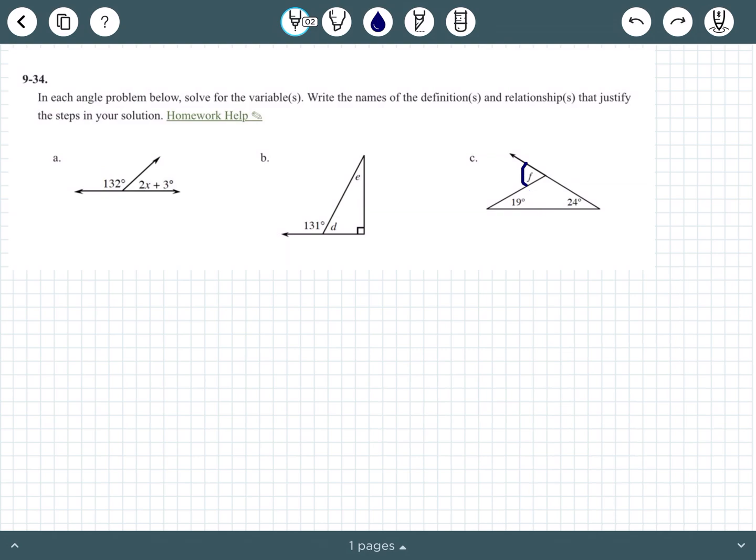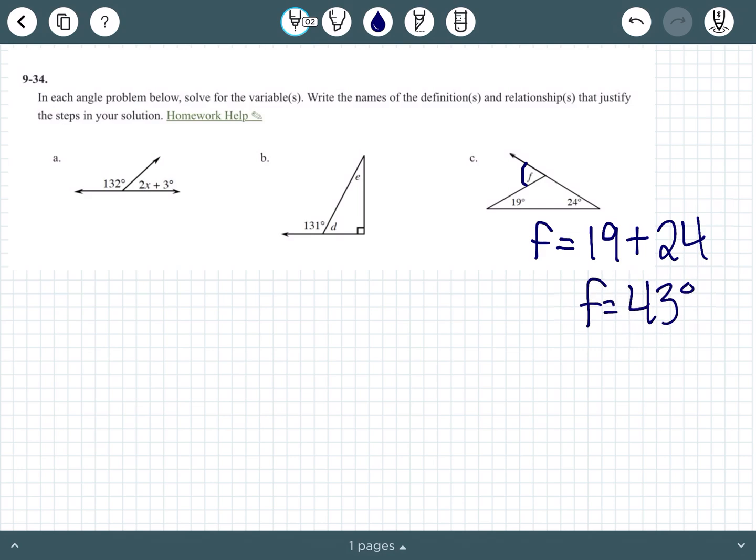So we know that that exterior angle is equal to both of our remote interior angles added together. So if I do 19 plus 24, I should get 43, sorry. So F equals 43 degrees.